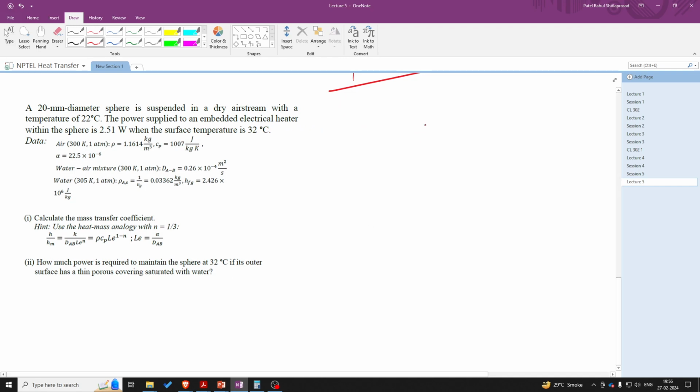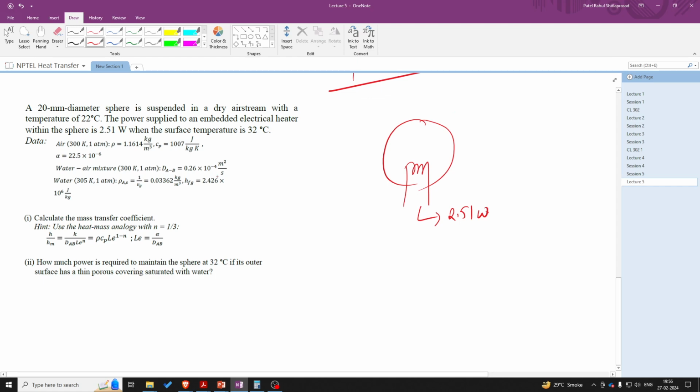So yes, we were given a sphere which has a heater of power 2.51 watt, and there is no fluid in or over this sphere. Then we had to find the mass transfer coefficient by using the heat mass analogy.